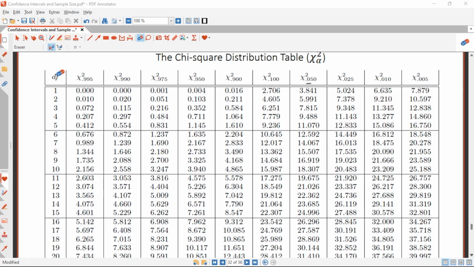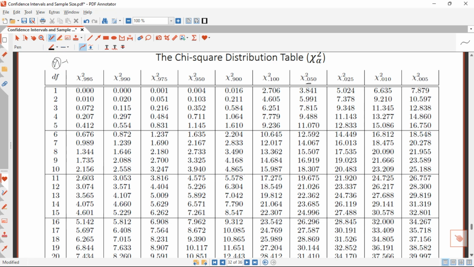So in this row, you'll have the degrees of freedom. And we know that the degrees of freedom is n minus 1, where n is the sample size. You subtract 1 from it to get the degrees of freedom.